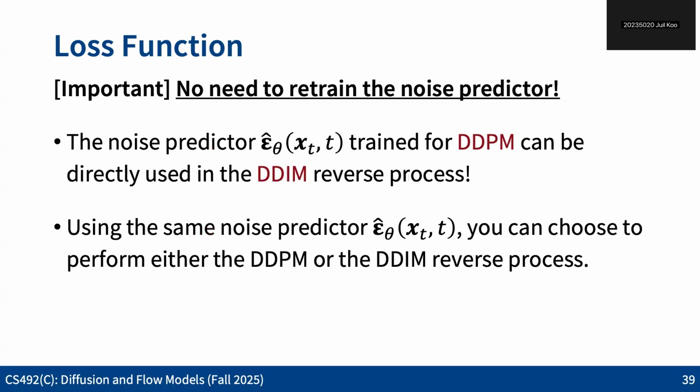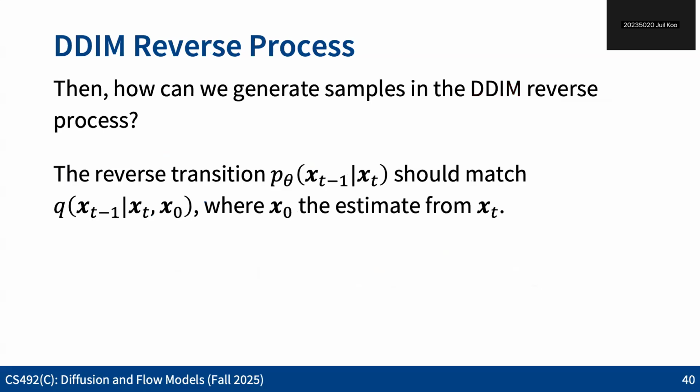So that's the thing. We don't need to retrain the noise predictor. Based on the pre-trained noise predictor, now we can think about how we can perform the reverse process in the DDIM way. Since this is still the same, the reverse transition should still match this one with some estimate of the x0 from the xt.